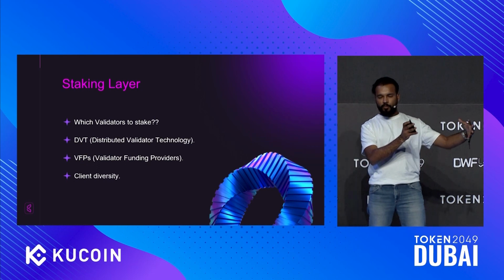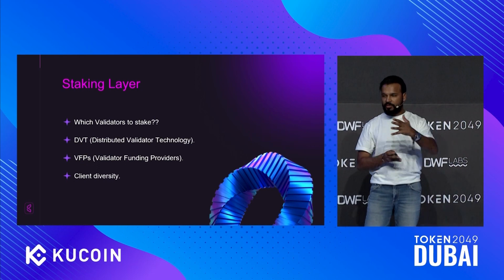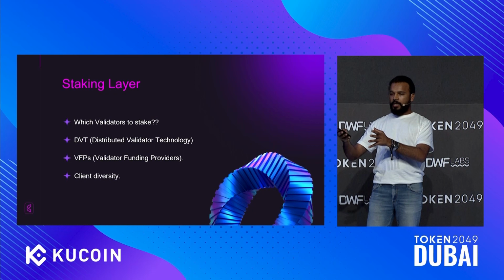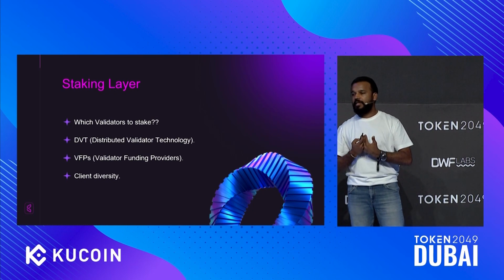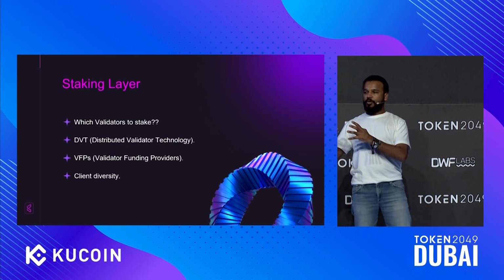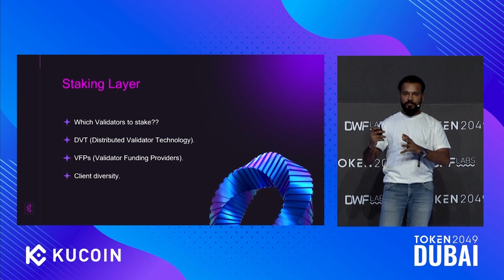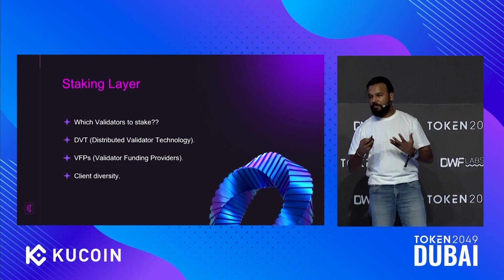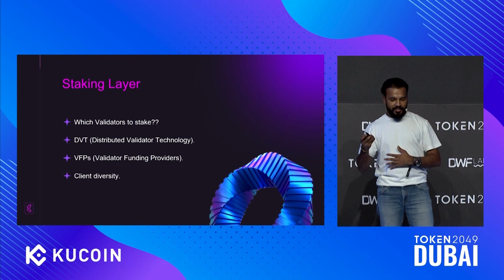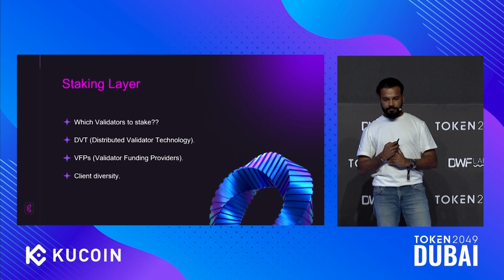That's why we created this pool called VFPs, where imagine you are someone who wants to underwrite bond for Mohak, who's a very technical validator, but does not have the capital to write his own bond. So I'm going to borrow that bond from you and then run these nodes, and you're going to lend me this bond because you're going to make much more yield by just lending it at minimal risk.